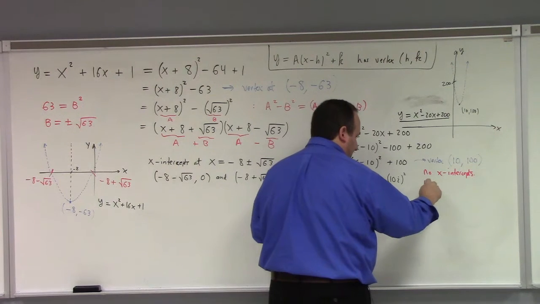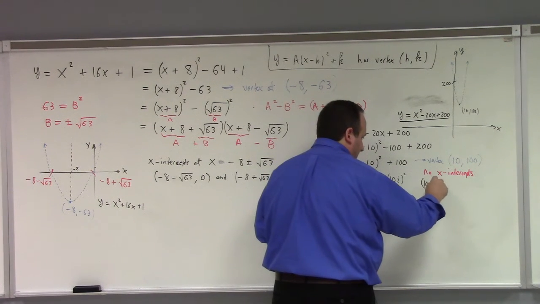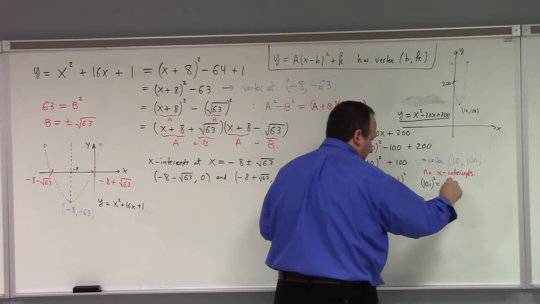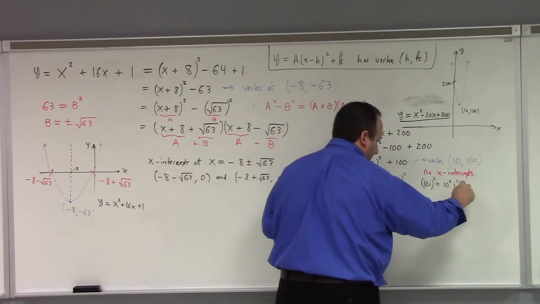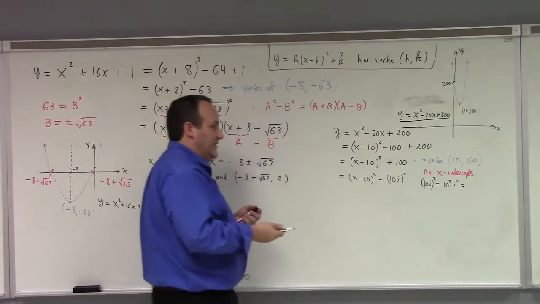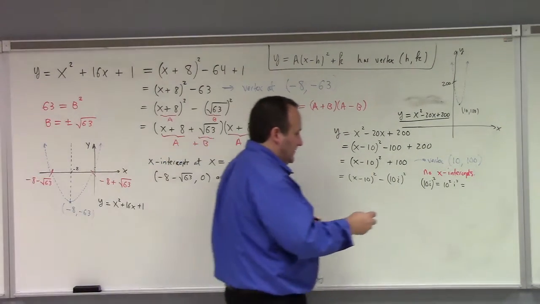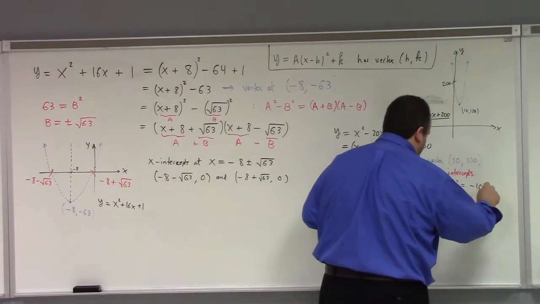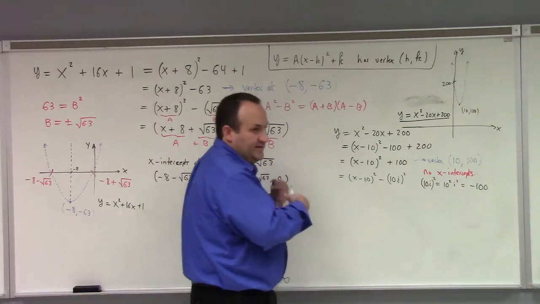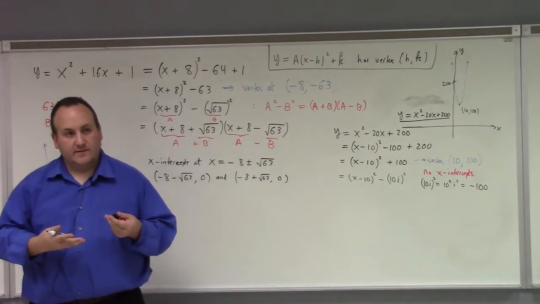Because 10i squared is equal to 10 squared times i squared, which is negative 100. So as you can see, plus 100 is the same as minus 10i squared.